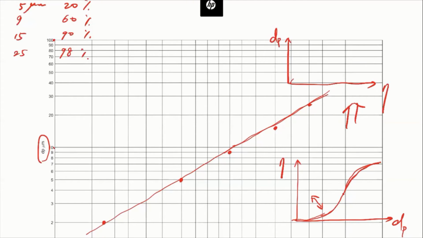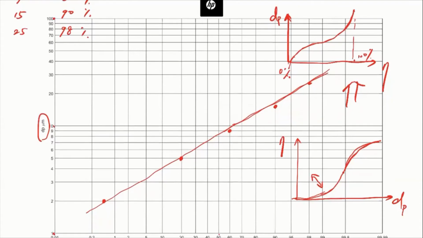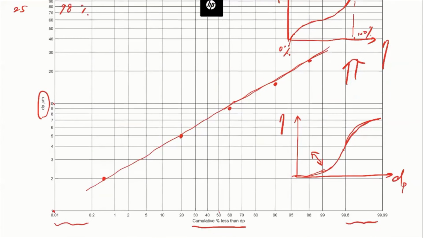Then we know it's going to be something that looks like this. So we have 100% here, and then around 0 here. So this is when the cumulative mass fraction is in the linear scale.